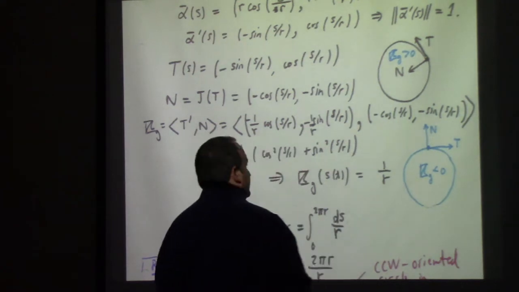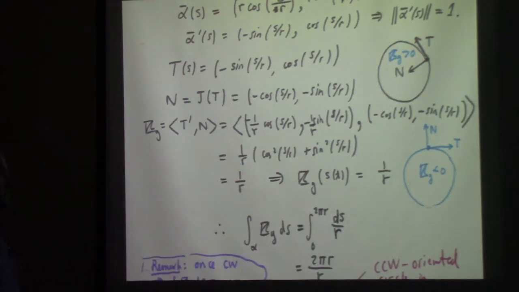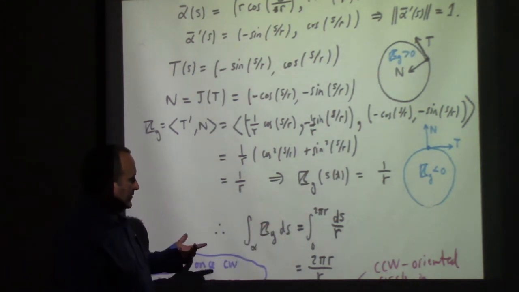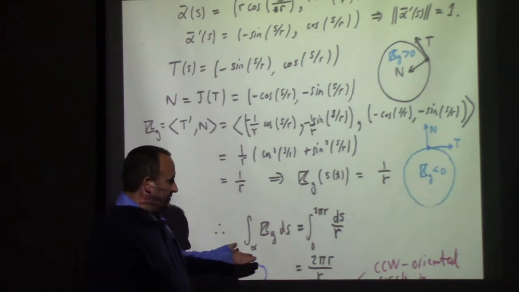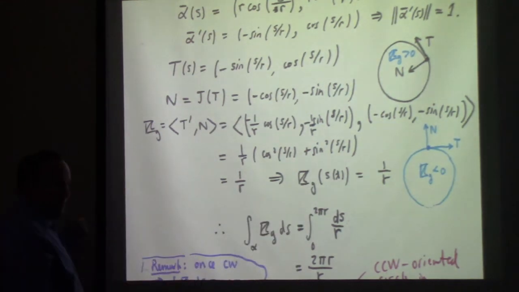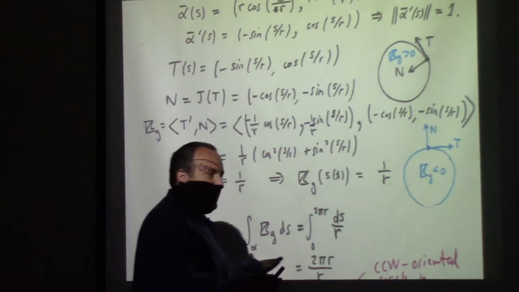There's no subtle issues of plus or minus here. To integrate the geodesic curvature of the circle, I just integrate 1 over r ds, where s goes from 0 to 2 pi r, because we're going around the circle once. And so we get 2 pi r over r, which is just 2 pi.